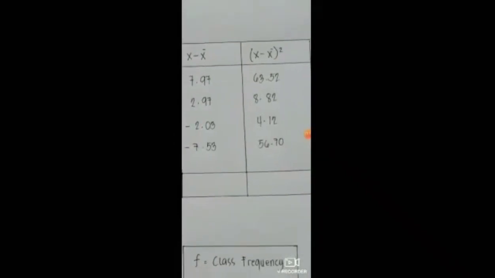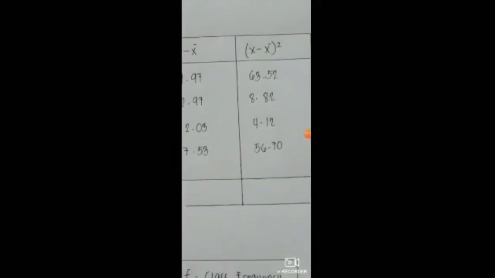For the square of the deviation, it's obviously squared, so 7.97 times 7.97 equals 63.52. 2.97 times 2.97 equals 8.82. And for the product of the frequency and the square of the deviation, we multiply the frequency and the square of the deviation.